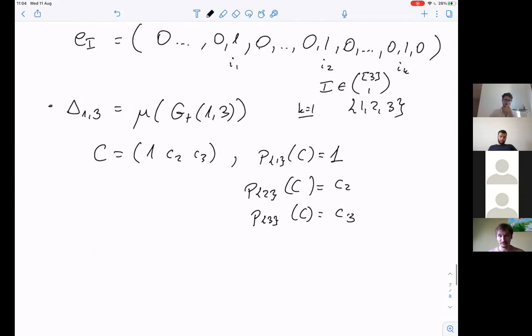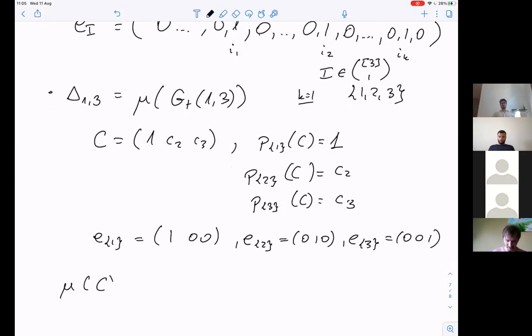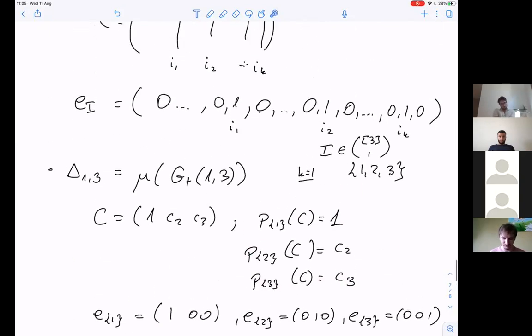And then e1 is just 1, 0, 0, so there's just 1 at position 1 and zeros everywhere else. e2 is just 0, 1, 0. And e3 is 0, 0, 1. Now I can use all this information about p's and e's and plug it into the formula.